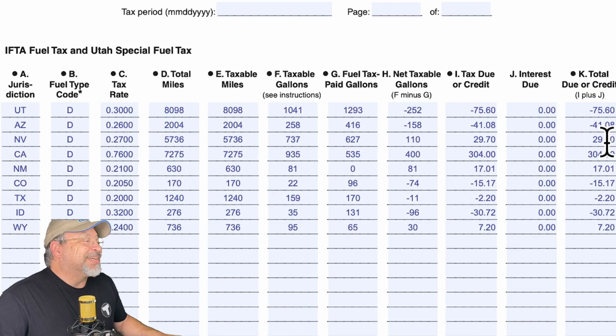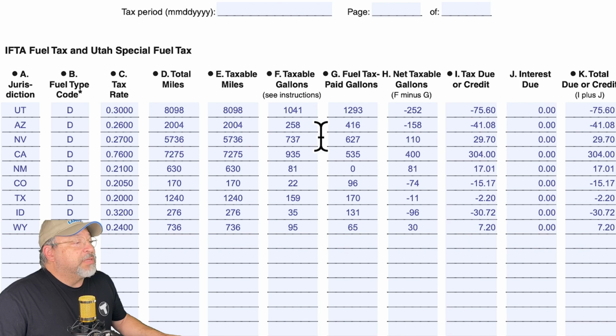Let's see if I can explain it a little better for Arizona. In Arizona, their tax rate is 26 cents a gallon. I only had 2,004 miles in Arizona, and they were all taxable miles. They were all IFTA miles.